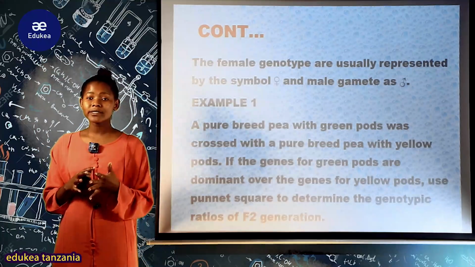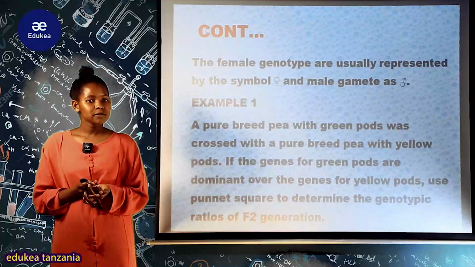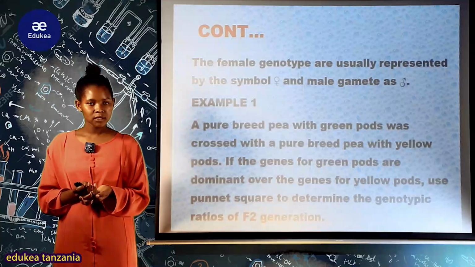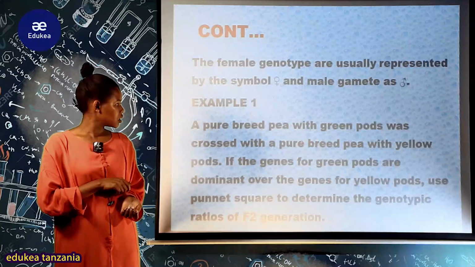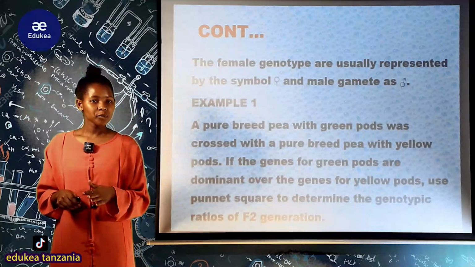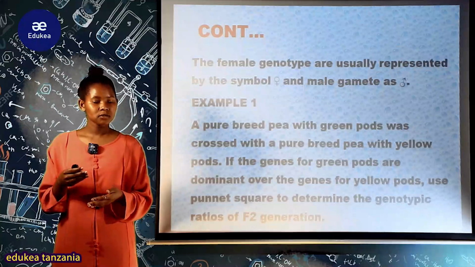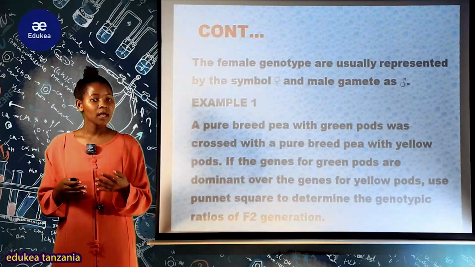This is a good example ambayo ukielewa utaweza kusolve different questions concerning Punnett square. Hapa tumeona kwamba tunaye yellow na green, tuna yellow pods na tuna green pods.